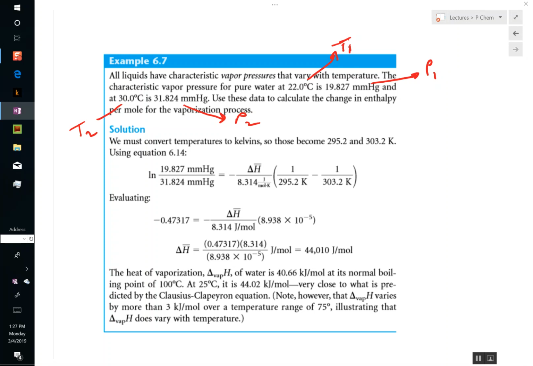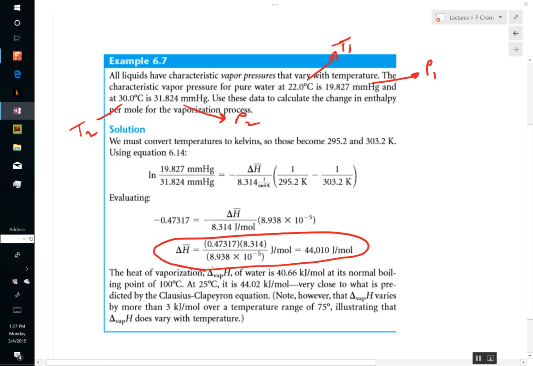Or even set up a little table of these numbers. You can see they're not converting this to atmospheres. We've got this ratio, and if we converted to atmospheres, it'd be the same ratio. So you can leave it in millimeters of mercury and calculate a delta H of vaporization per mole of water based off of its vapor pressure at different temperatures.